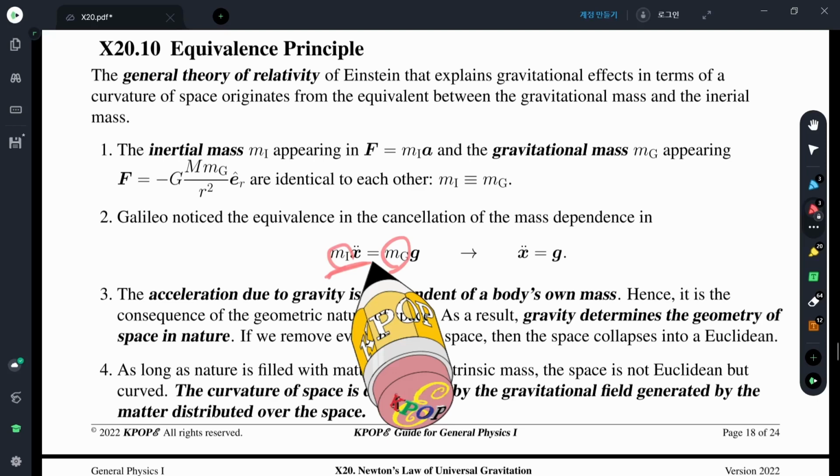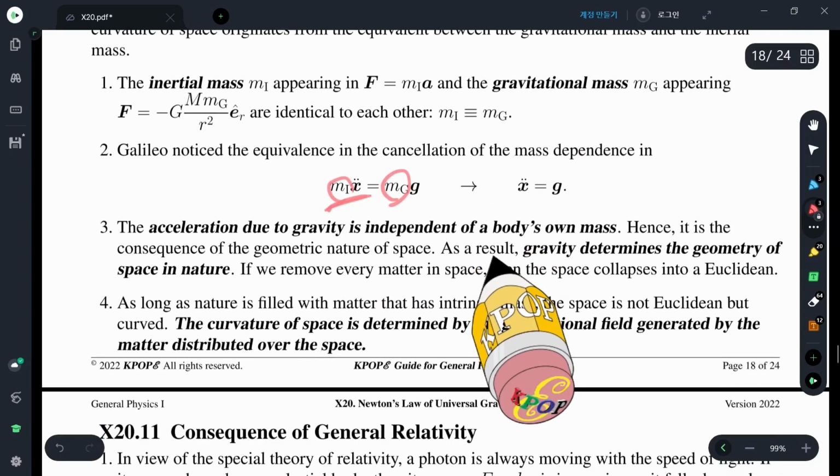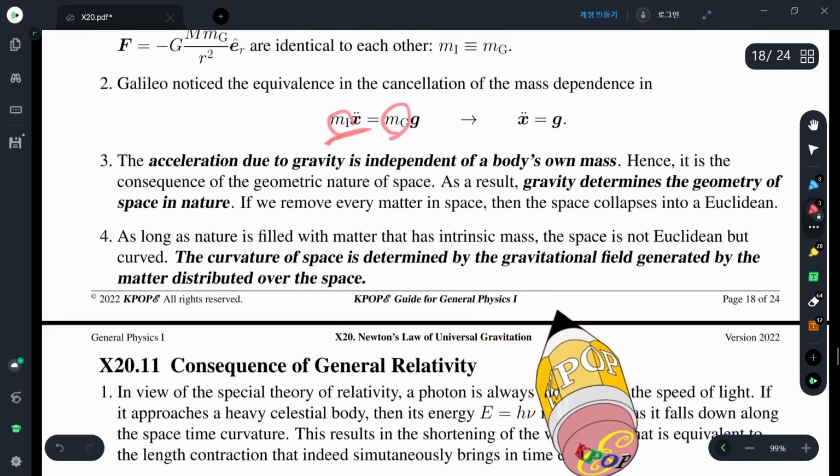Because of this, the gravitational force is closely related to the geometry of space in nature. That is quite distinguishable from any other fundamental forces that are described by quantum field theory. But still, we do not have a correct theory to describe gravitation in terms of quantum field theory.